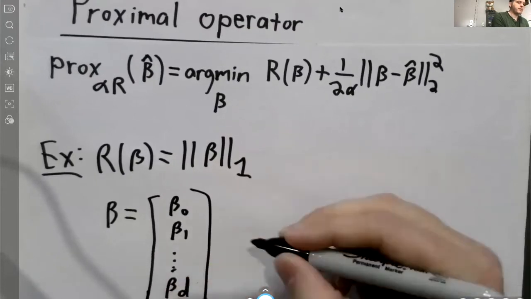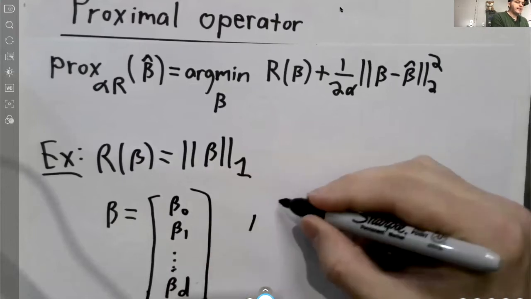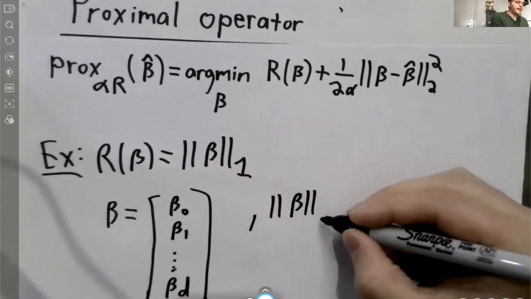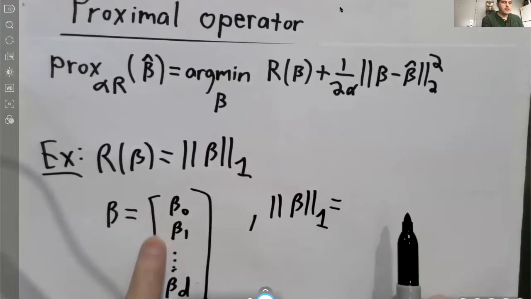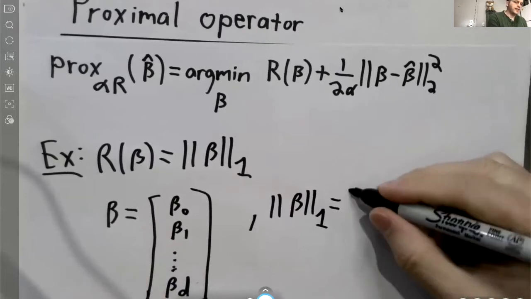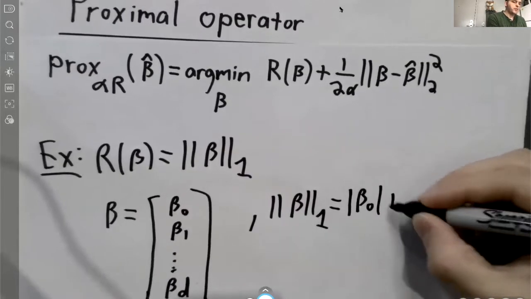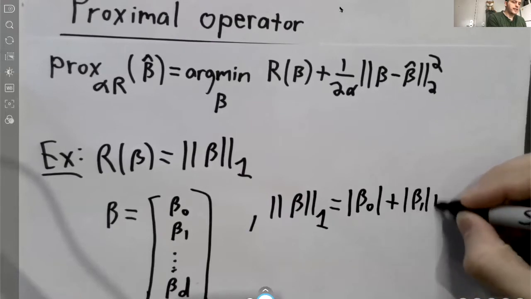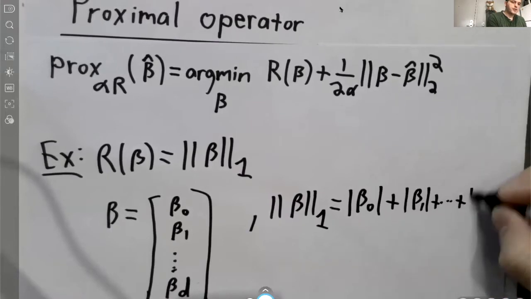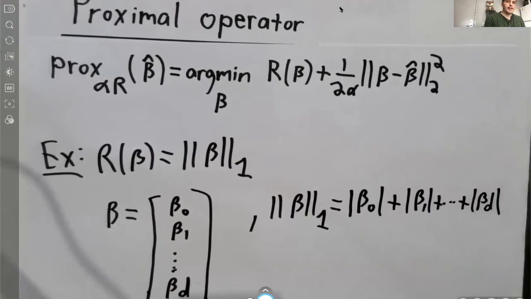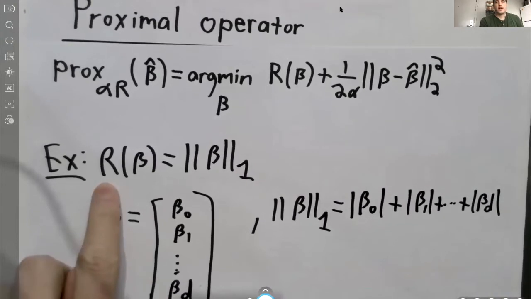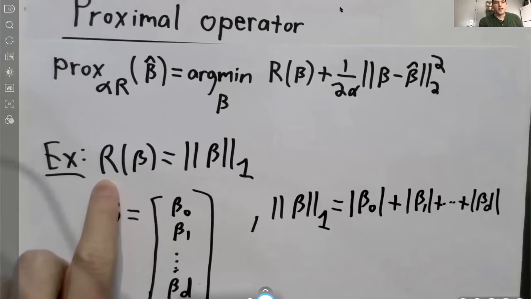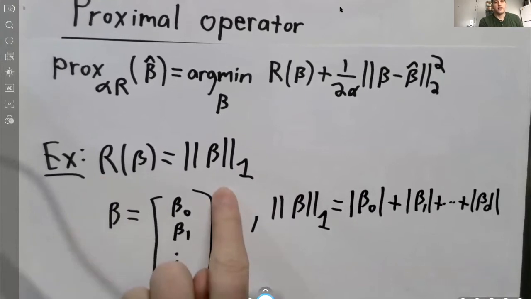Then the L1 norm of beta, by definition, is just the sum of the absolute values of the components of beta. So it's equal to the absolute value of beta 0 plus the absolute value of beta 1 plus dot dot dot plus the absolute value of beta d. That's the L1 norm. We want to compute the proximal operator of the L1 norm.